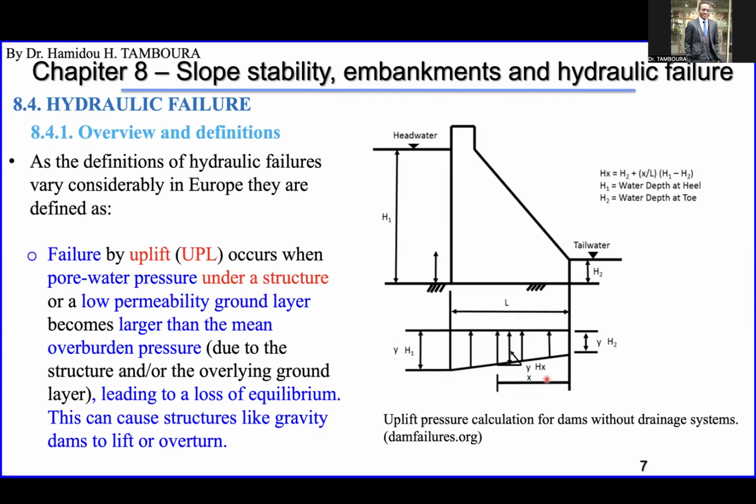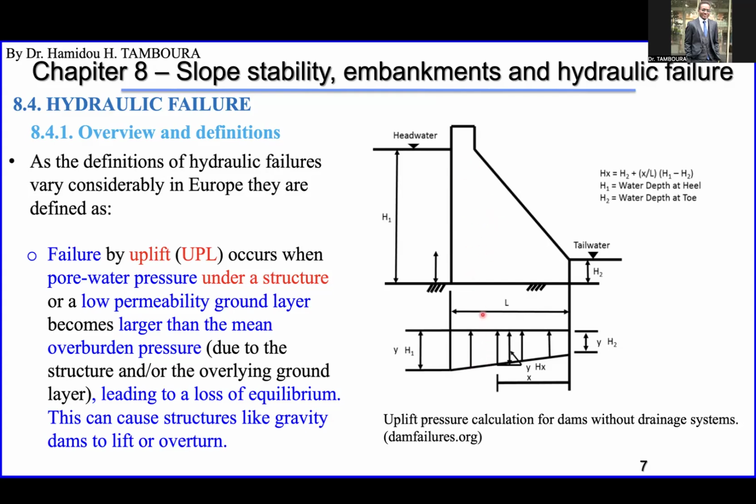But anyway, we will come back to this kind of calculation. What is important here for you to understand is that the water pressure under this heavy gravity dam is sometimes much higher than the weight of the dam itself.